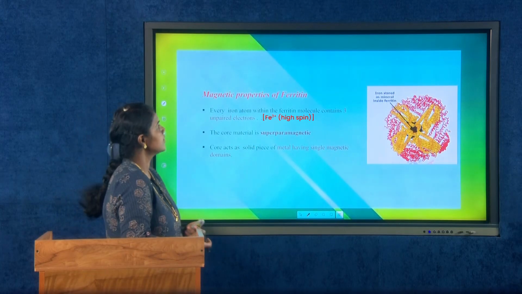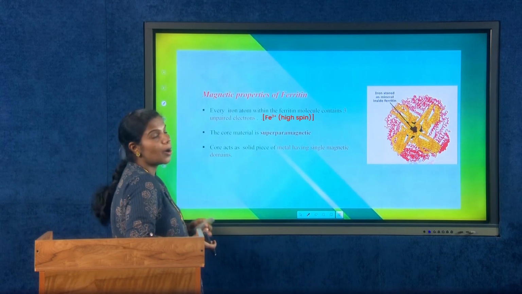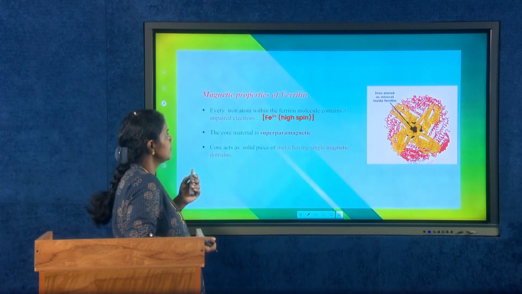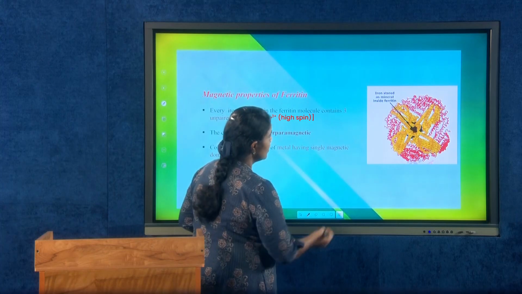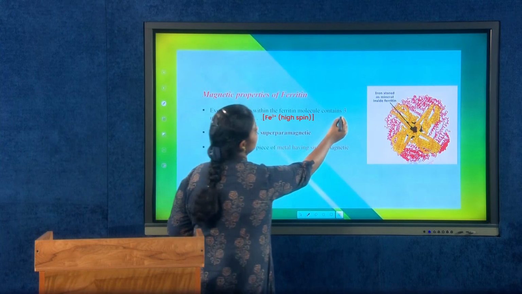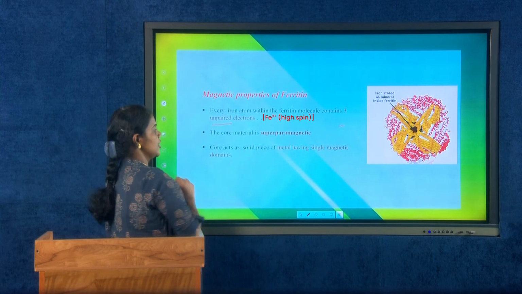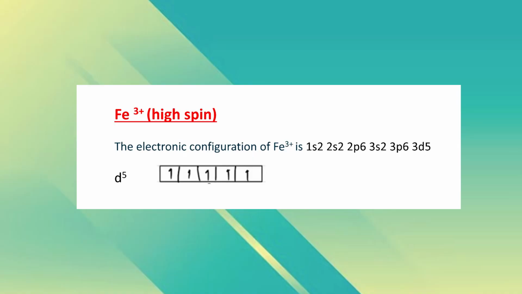Now let us study the magnetic properties of ferritin. Every iron atom within the ferritin molecule contains at least 3 unpaired electrons. That means iron is in the +3 oxidation state and in the high spin form.